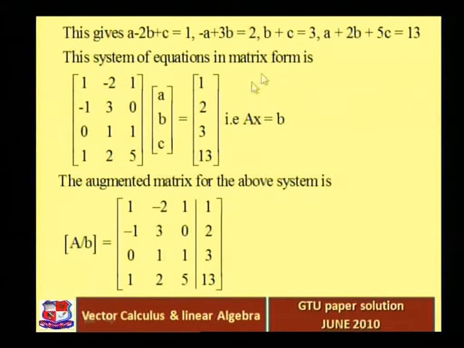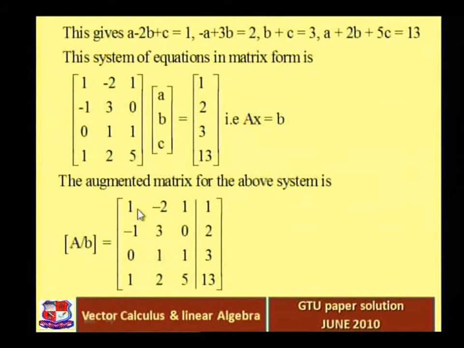The third row, from the third equation, is 0 1 1, and the fourth row is the coefficients in the fourth equation, that is 1 2 5. Multiplied by A, B, C, that is equal to the constants 1, 2, 3 and 13. So this is Ax is equal to B. The augmented matrix for the above system is the same matrix we have written here, then a vertical line and then these constants. Again we have to convert this matrix into row echelon form.